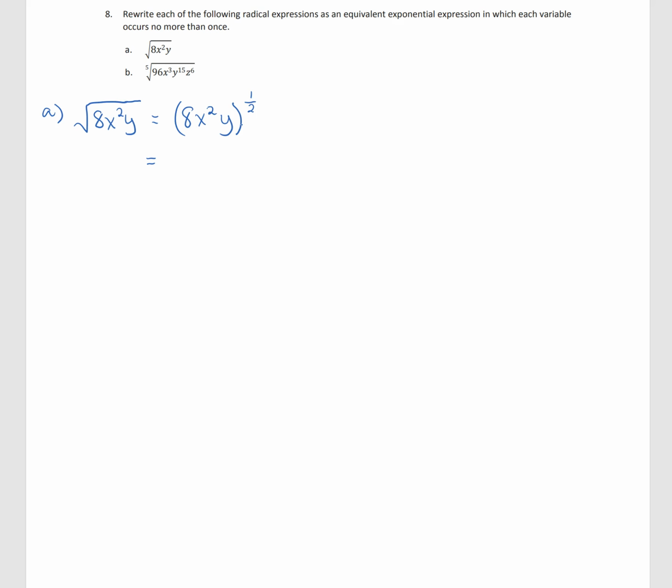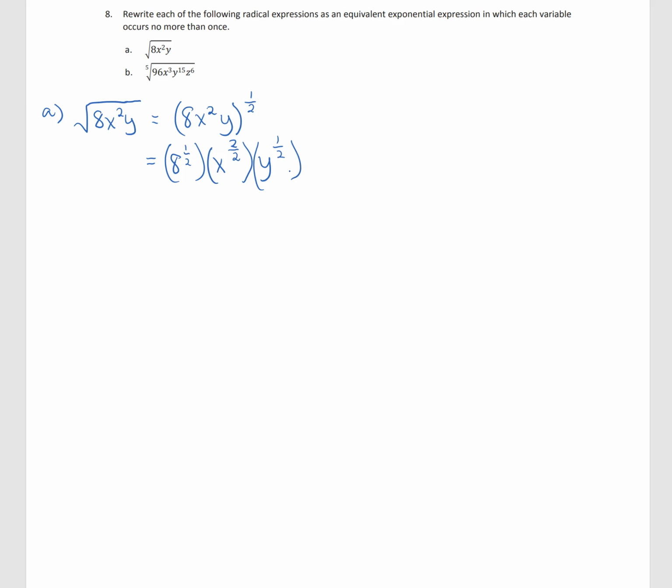So we have 8 to the power of 1/2 times x, and in this case we already have an exponent of 2 on x, so when we multiply 2 times 1/2 we get x to the power of 2 over 2, and putting it on the y, we have y to the power of 1/2.